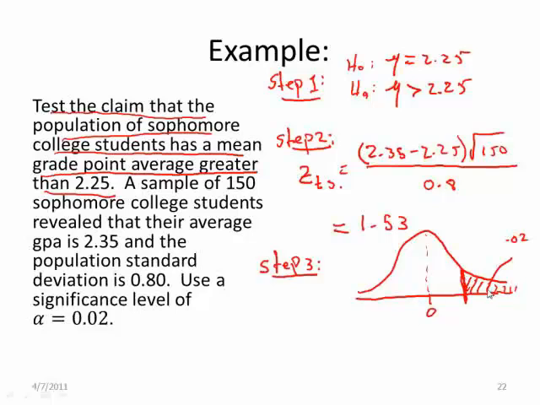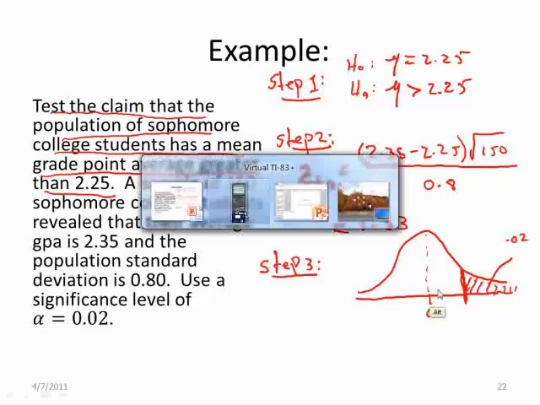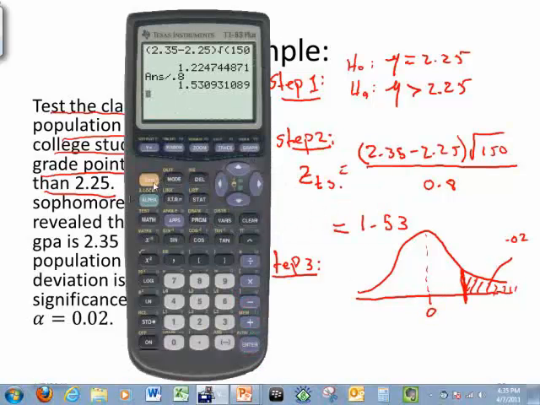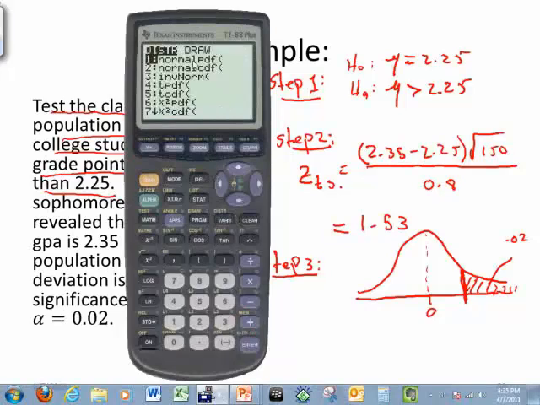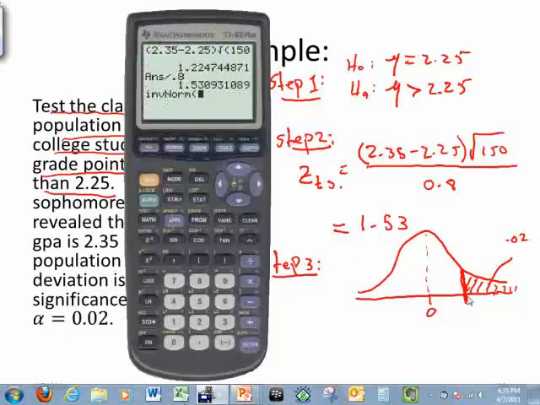We've done these like 1,000,000 times now, so you know to look up 0.98 for your area, or you can use the calculator and use the inverse norm command. So we go distribution, menu option 3, and remember this thing always returns the left-tailed area just like your charts do.